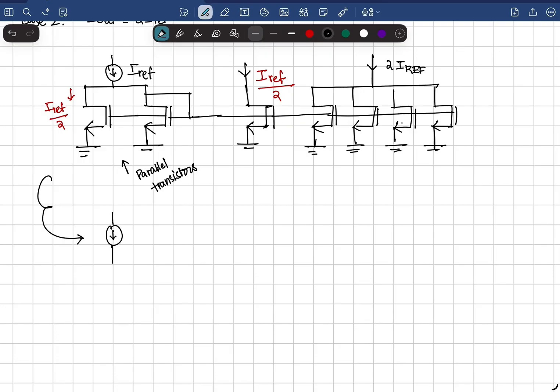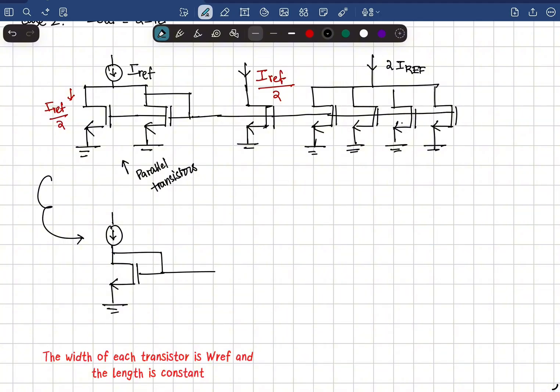Let's see the structure. Now this is the diode connected transistor from which the currents are copied.